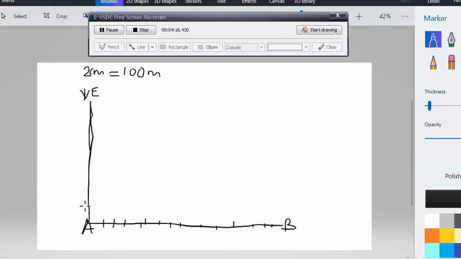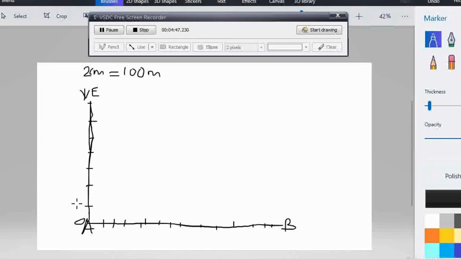So on the vertical equivalent or the vertical exaggeration, you will turn 2 centimeters to 100 meters, depending on the contour interval. For each centimeter, you will now have a unit of 100. So the first will be 0 at sea level.